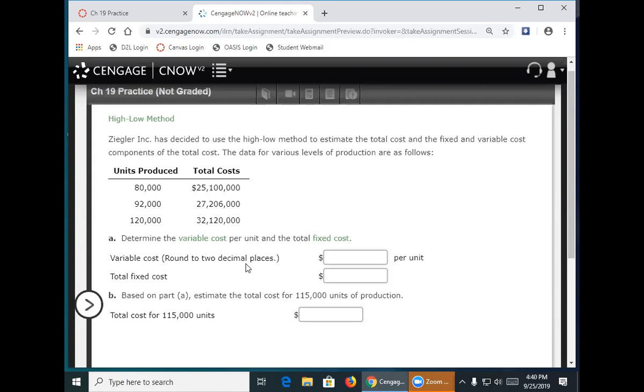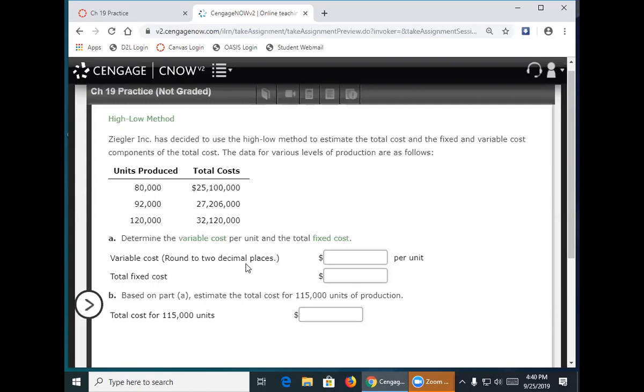Okay. So what is the answer? What do you get all total? This whole formula. Yeah, 175.5. What that solves for is our variable cost per unit.